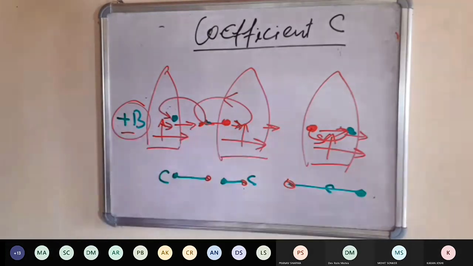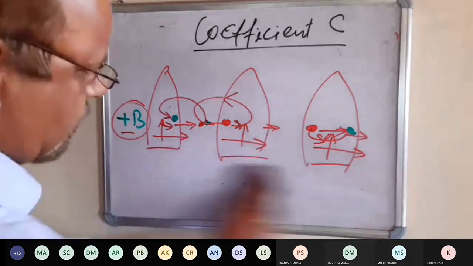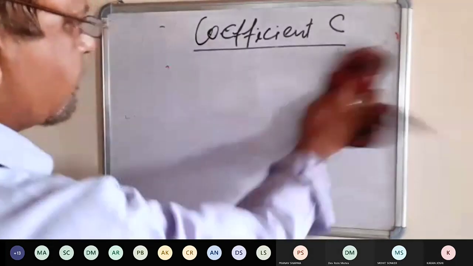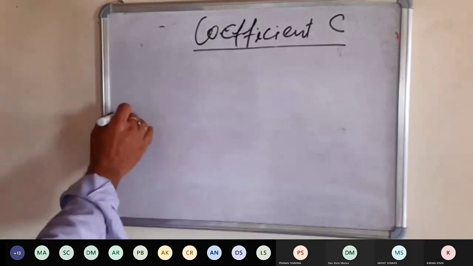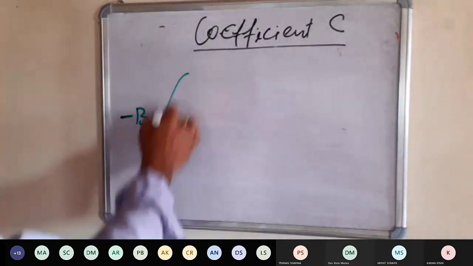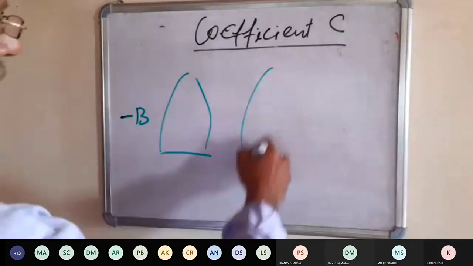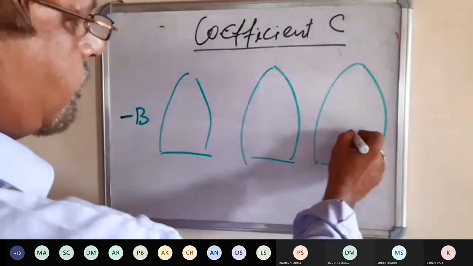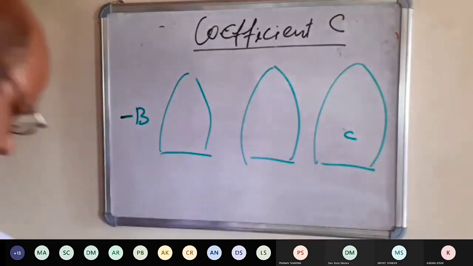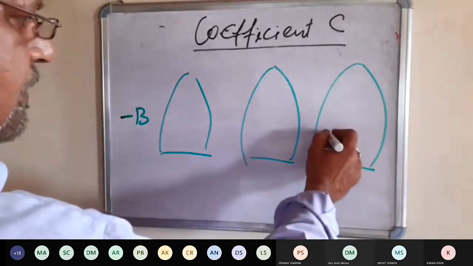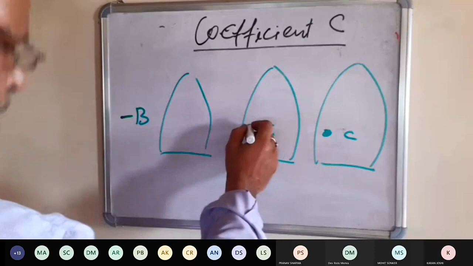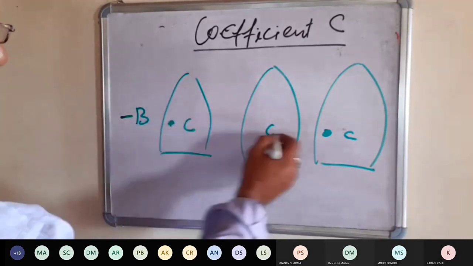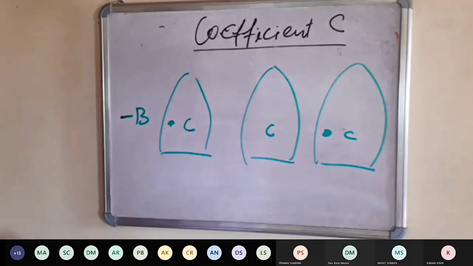The opposite situation will be there for minus B. Let us make a fresh one. So for minus B, the poles that you are going to have are the blue pole here, blue pole here, or only the red pole rather.